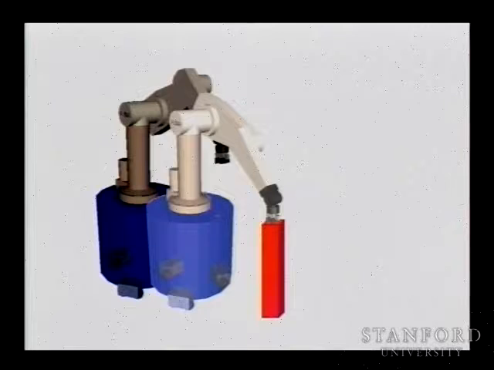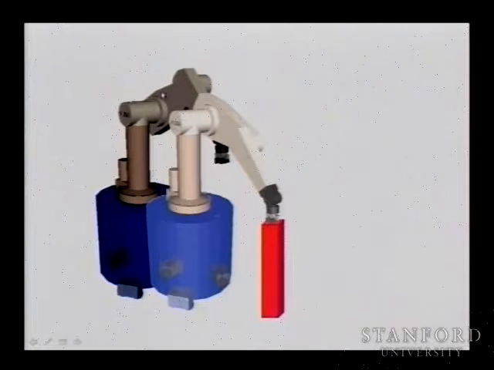But the problem with this is redundancy. What is redundancy? Redundancy is the fact that you can reach that position with many different configurations because you have more degrees of freedom in the system. When you have redundancy, this problem of inverse kinematics becomes a really difficult problem. But if you solve it, then you will be able to say, I would like to move each of those joints from this current joint position to this joint position.